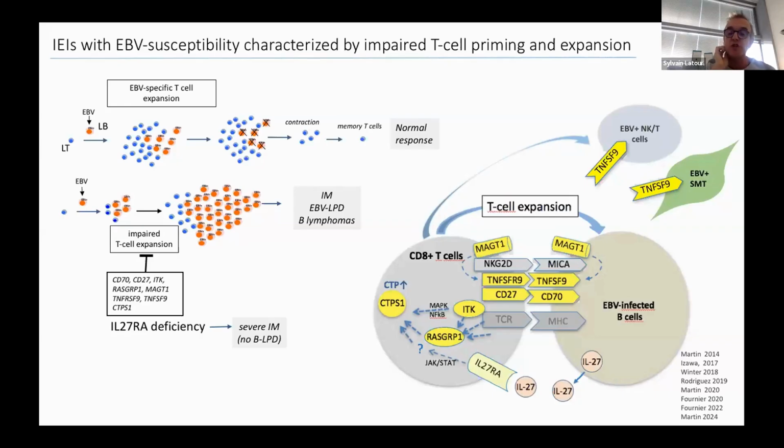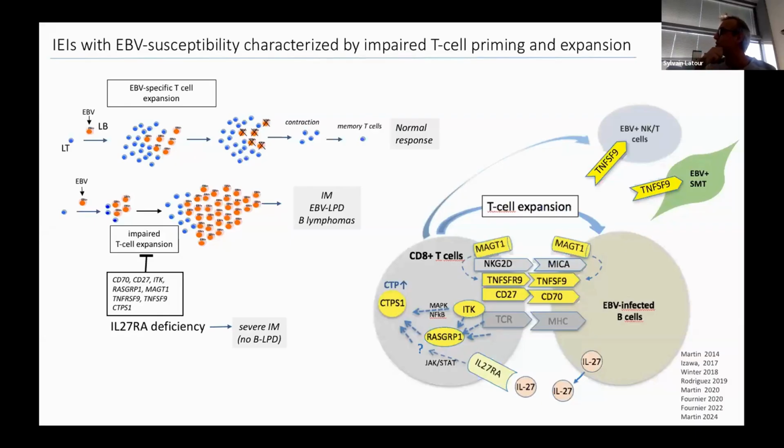And this cluster of genes, interestingly, some of these genes are expressed or upregulated at the surface of the B cell upon EBV infection, such as TNFSF9 and CD70. These genes are ligands for the co-stimulatory receptors of the TNF receptor family, CD27 and TNFRSF9, also known as 4-1BB, that are expressed on activated T cells.